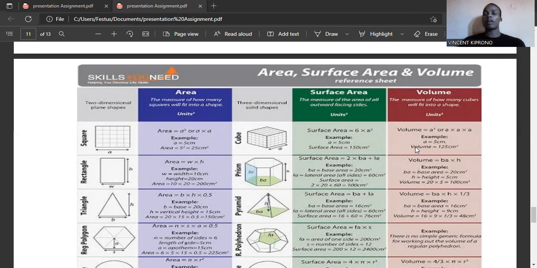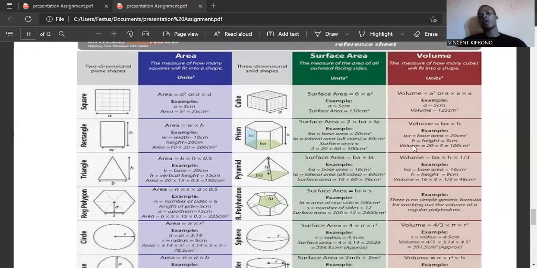So it means when we are given one side, let's say it's 5 centimeters, we shall say 5 times 5 times 5, that's 125 centimeters cubed. Then we have also a prism, and volume of a prism, we say the base area times height. From the diagram, we can see our base area, that's 20, and our height is 5. So we shall say 20 times 5, that's 100 centimeters cubed.